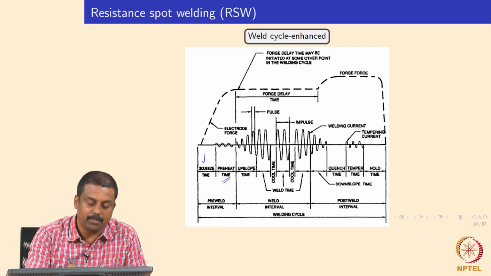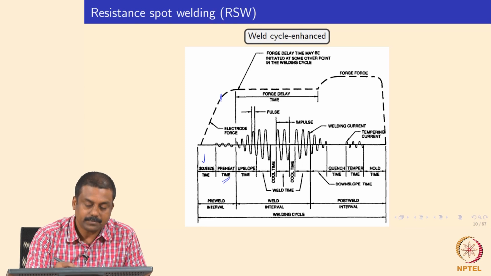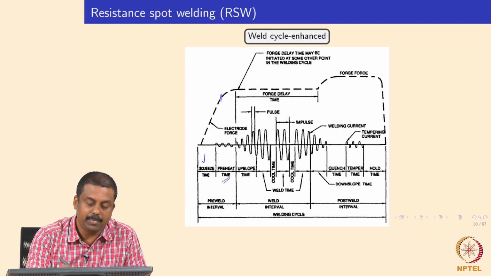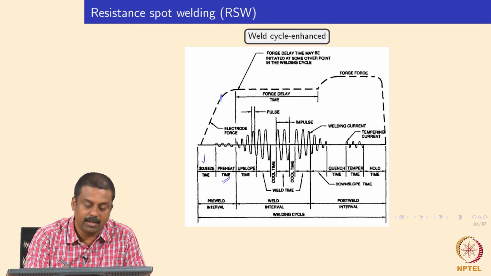For example, you start applying a load initially to keep the faying interfaces in position, and then instead of passing full current, the amperage, we can also apply a small short pulse in order to preheat your workpiece, your sheets.